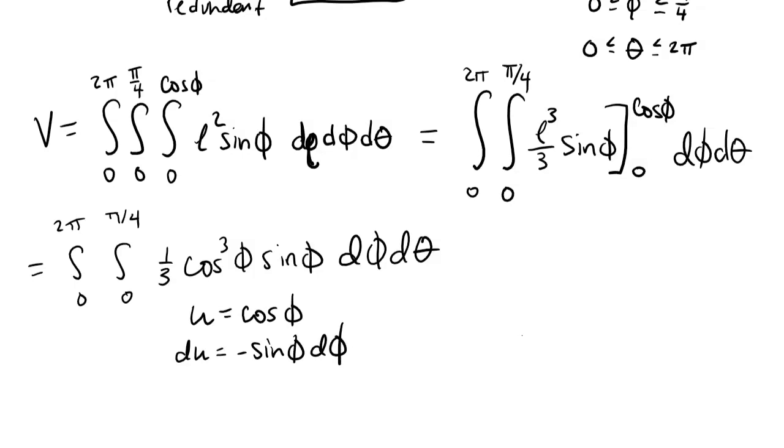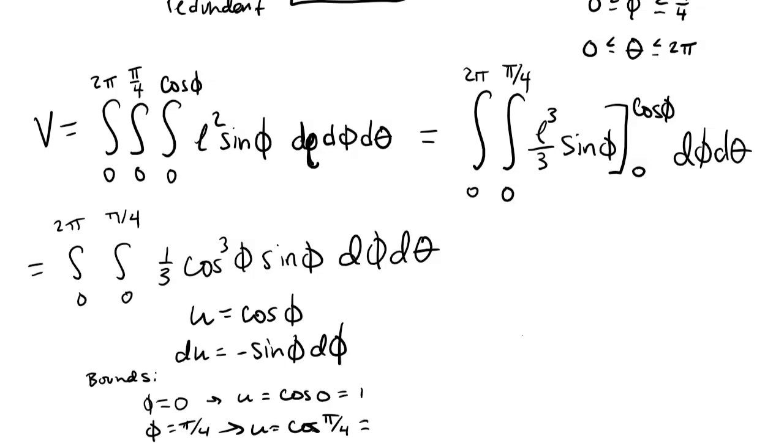And I have that sine phi d phi, so that's going to be a nice substitution. If we figure out those bounds, when phi was 0, we're now going to have u is cosine of 0, which is 1, and when phi was pi over 4, we're going to have u is cosine of pi over 4, which is square root 2 over 2.